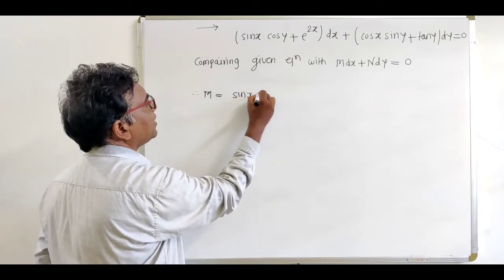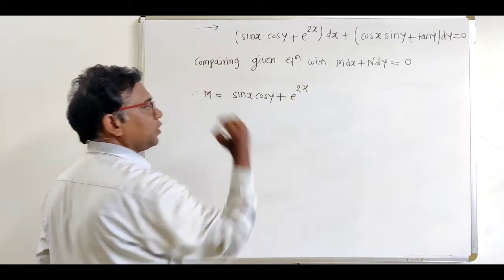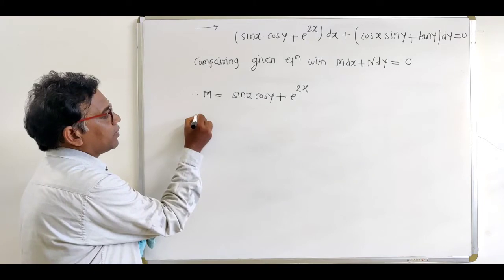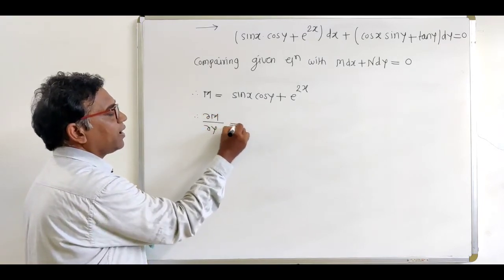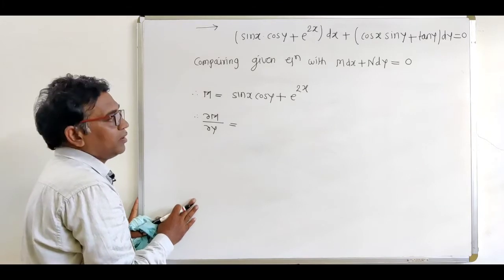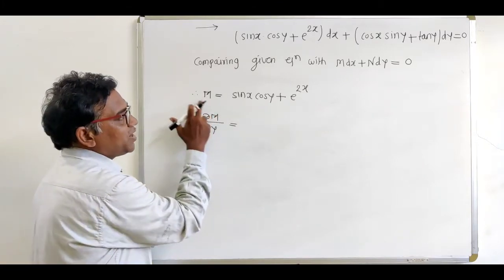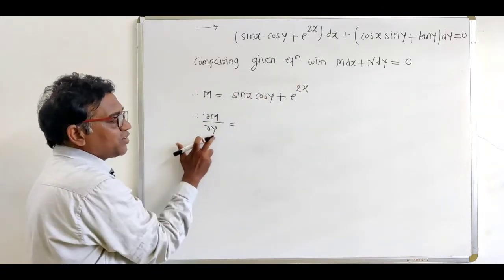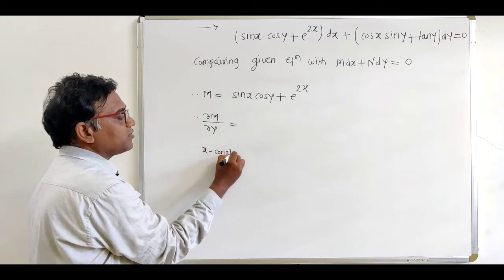So this is sin x into cos y plus e raised to 2x. From M, we want to find the partial derivative del M by del y. So how to calculate del M by del y? Differentiate this function M partially with respect to y, keeping the remaining variable constant.